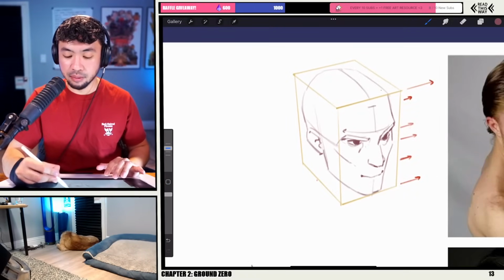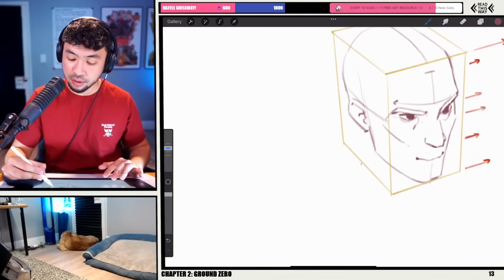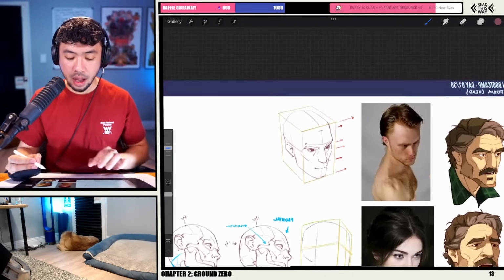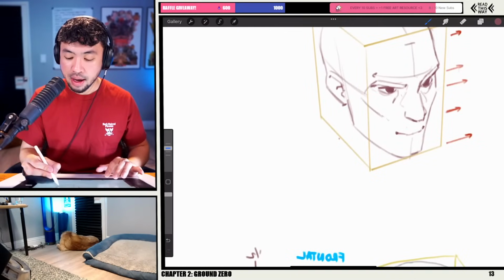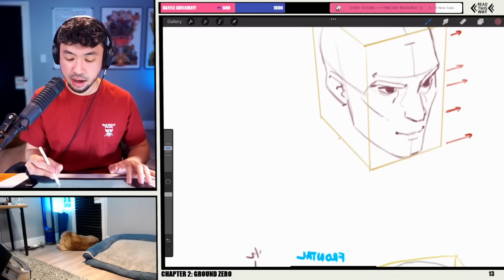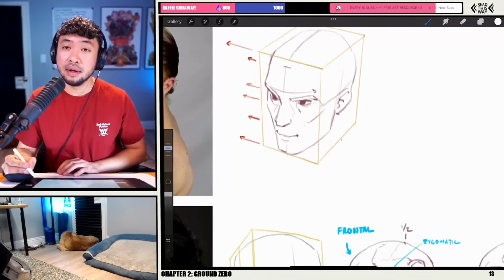So this is definitely a big one to start thinking about: how overlap really helps create depth in the face, how it helps give more structure, how it helps also inform the perspective. It really does pay off a lot, these subtle details, subtle overlaps and stuff.